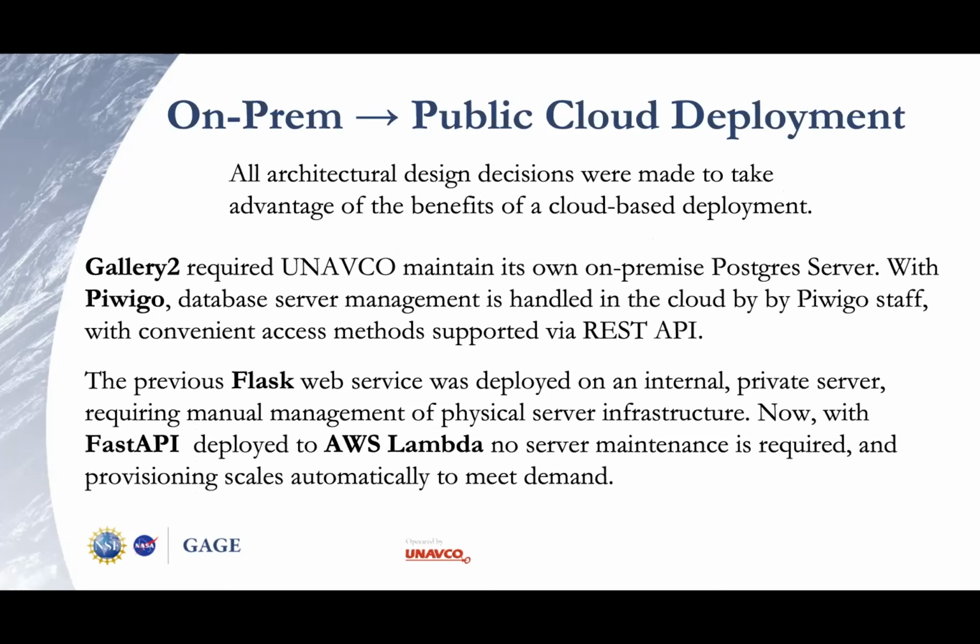Additionally, we were also looking to migrate the service from an on-premise hosted solution, which is what Gallery 2 is, to something that's completely hosted and deployed in a public cloud environment. This really reduces the physical maintenance that needs to be done to manage the database and to ensure that servers are up and running all the time, which is a big priority for UNAVCO because we're responsible for making sure these services remain up and running and accessible to researchers.